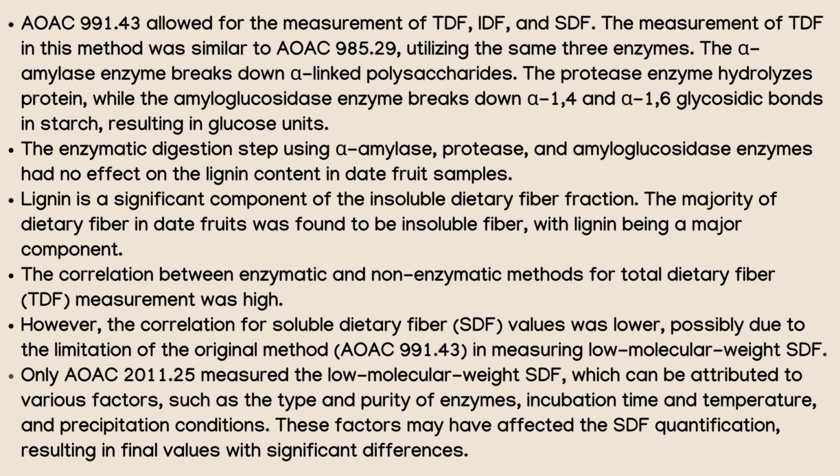AOAC 991.43, a modified version of AOAC 985.29, allows for the measurement of TDF, IDF, and SDF using the same 3 enzymes. Alpha amylase enzyme breaks down alpha-linked polysaccharides. The protease enzyme hydrolyzes protein, while the amyloglucosidase enzyme breaks down alpha-1,4 and alpha-1,6 glycosidic bonds in starch, resulting in glucose units.